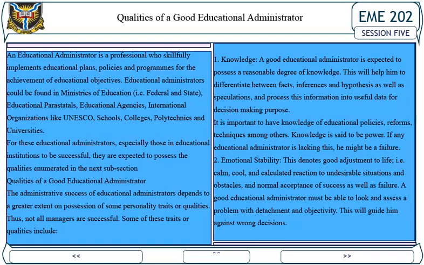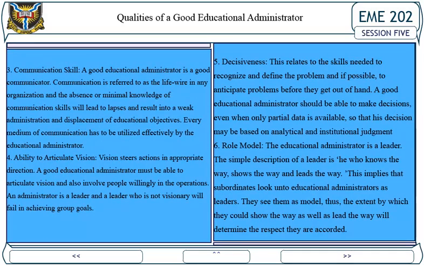It is important to have knowledge of educational policies, reforms, techniques, among others. Knowledge is said to be power. If any educational administrator is lacking this, it might be a failure.